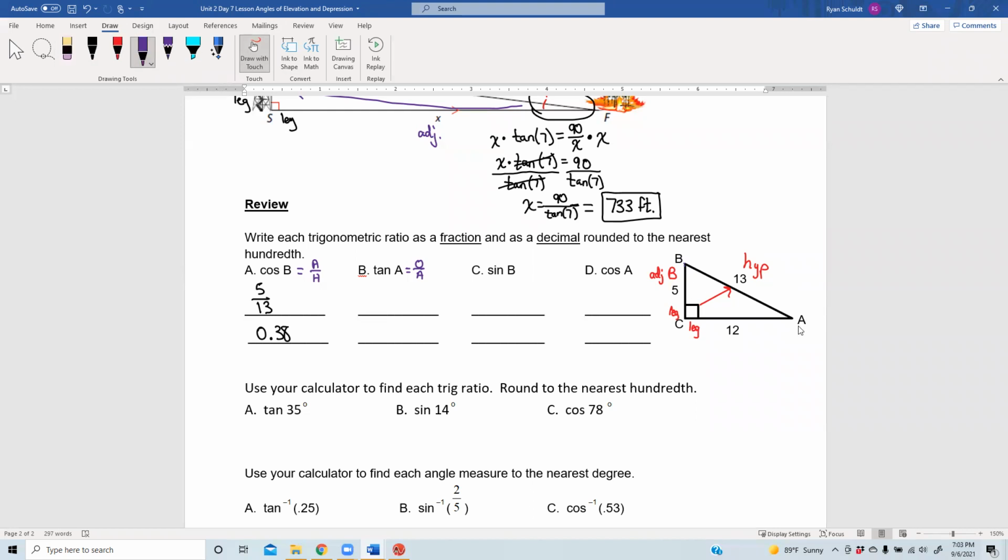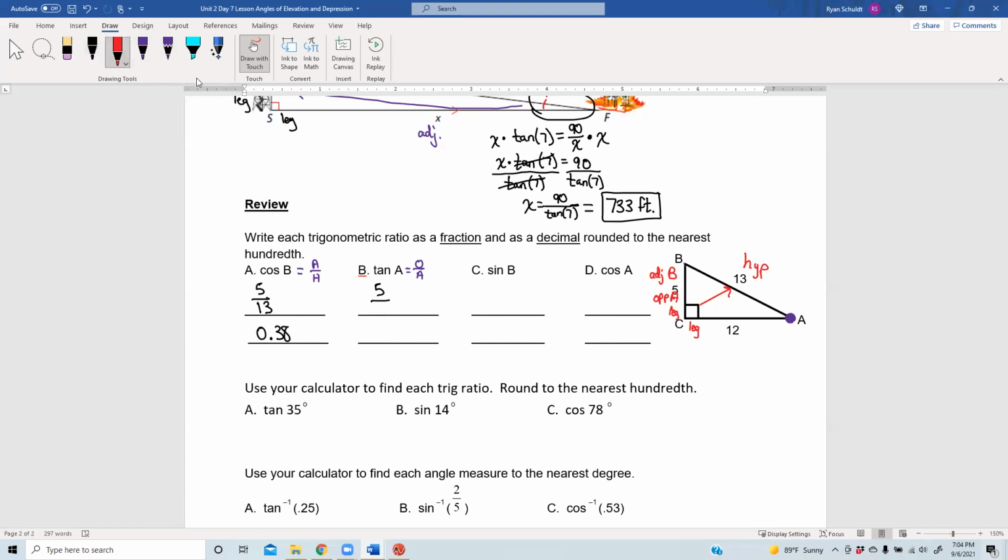I'm going to be down here at A. I swam from B down to A now. So which side is opposite of A? I'll look across, that would be the 5. It's opposite of A. This is going to be 5 over.